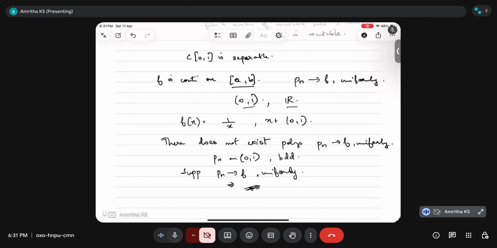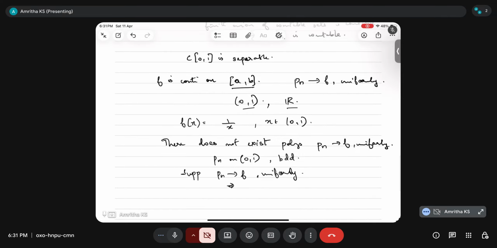Oh, sorry, there is something wrong. It should imply that f is bounded on (0, 1), but this is not possible, a contradiction.